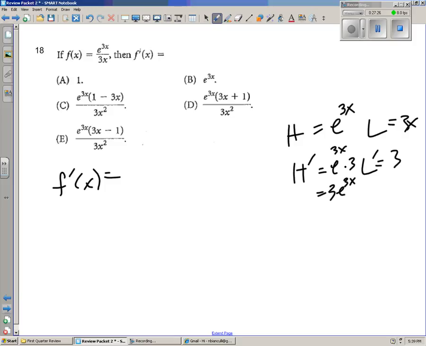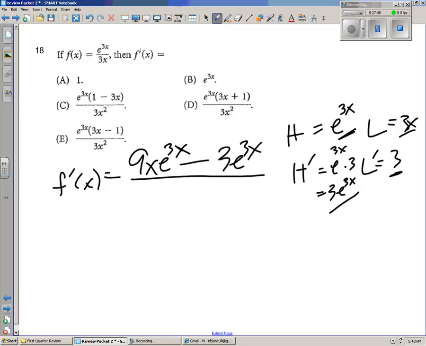So now we get low d high. So low d high is 3x times 3e to the 3x, which is 9x e to the 3x, minus high d low, so we have 3e to the 3x, divided by low squared, which is 3x in parentheses squared.